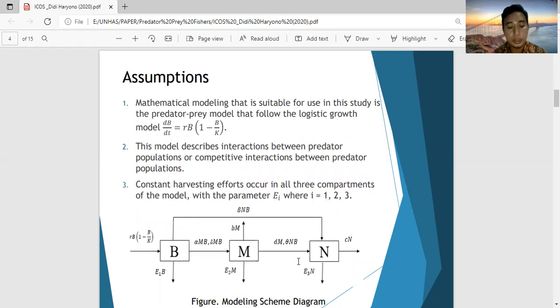The assumptions of this model are that the prey compartment follows the logistic growth model, there are competitive interactions between the predator populations, and constant harvesting efforts occur in all three compartments, as shown in the modeling scheme diagram.